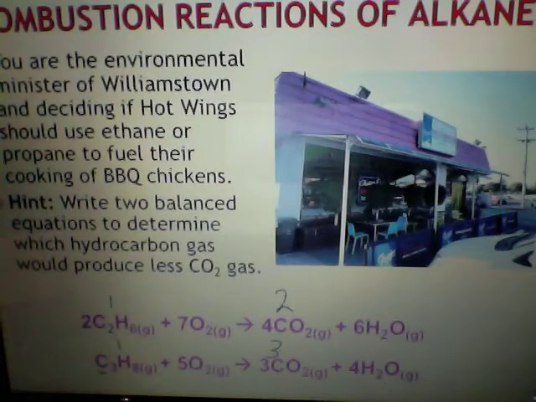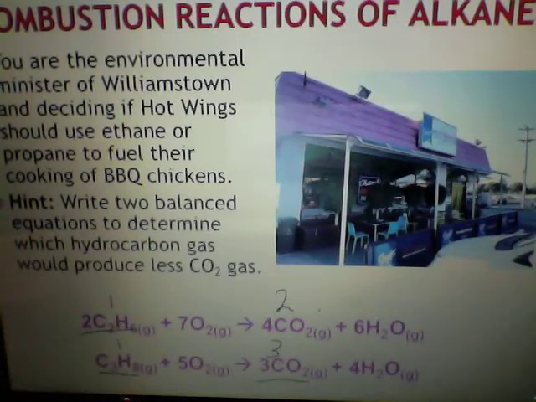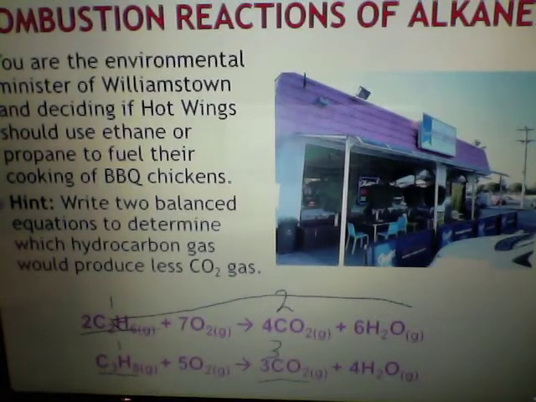So for 1 propane molecule, we release 3 carbon dioxides. But for 2 ethane, so 1 ethane would produce 2 because 2 produces 4. So this one is actually more environmentally friendly, the top one. Yay!